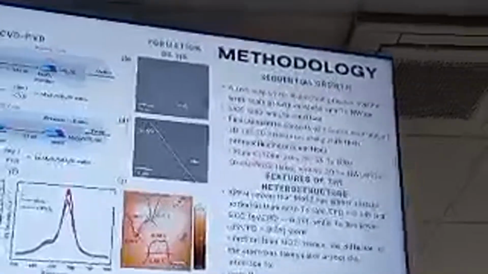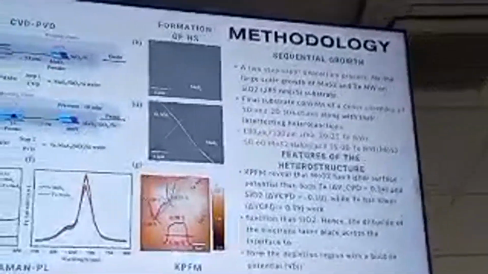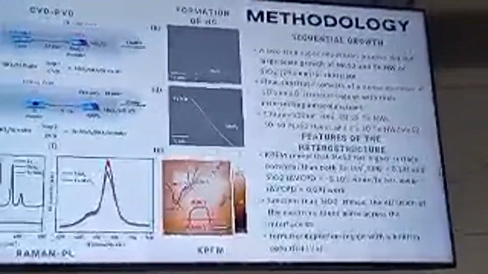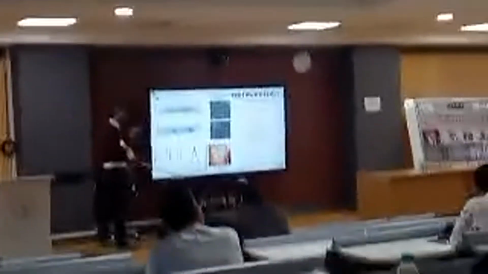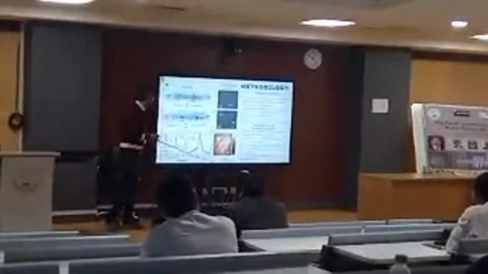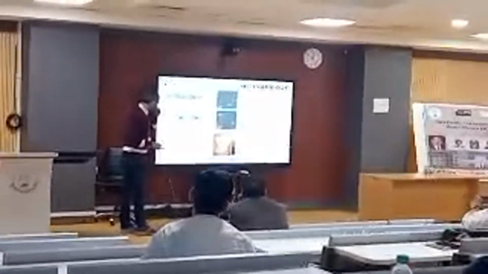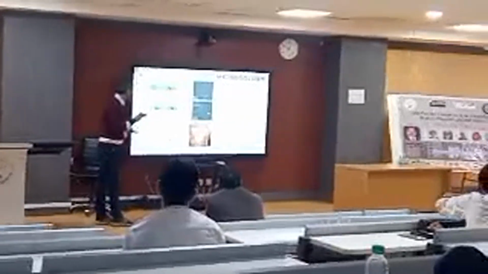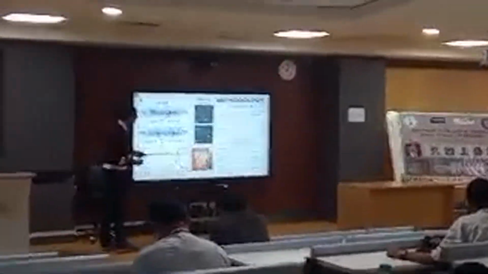So how does the heterostructure look? This is one of the examples. I will show you a broader picture. So this is the MoS2 and this is the tellurene. Raman spectra and other measurements concluded that the heterostructure formation is quite good, and the PL is okay with the MoS2. And you can see this from the Kelvin probe.